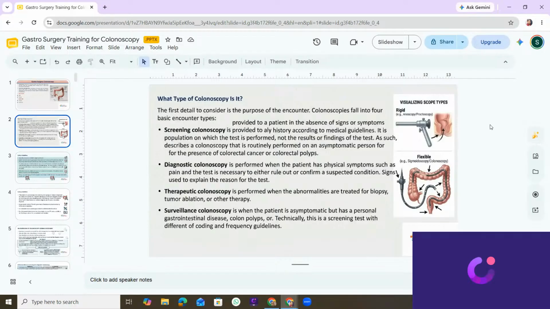Surveillance colonoscopy is when the patient is asymptomatic but has a personal gastrointestinal disease, colon polyps. Technically, this is a screening test with different coding and frequency guidelines. So you will see all these points here.